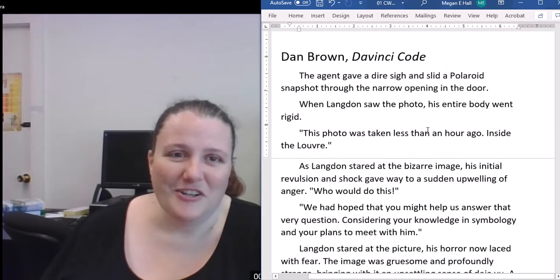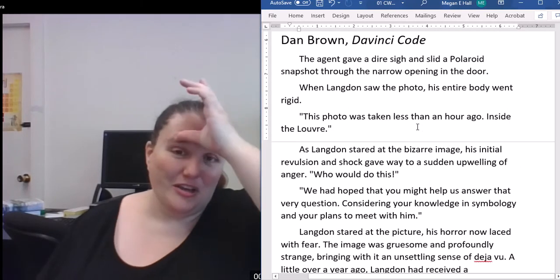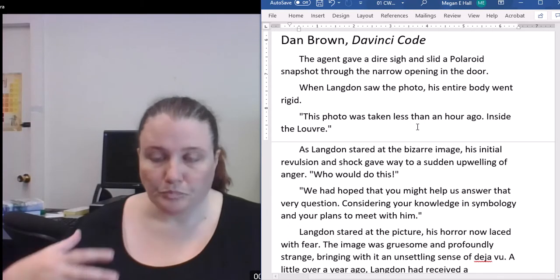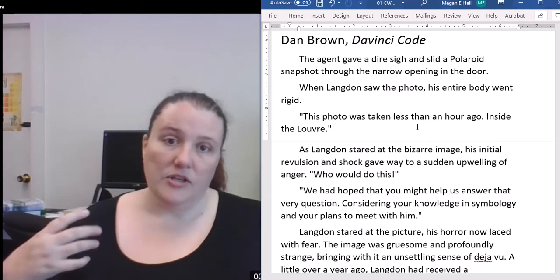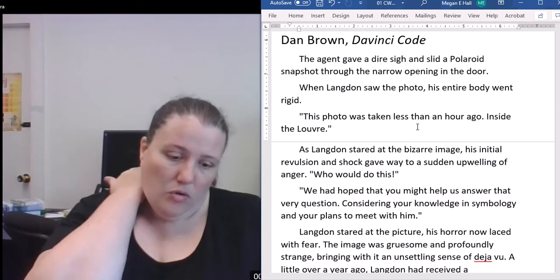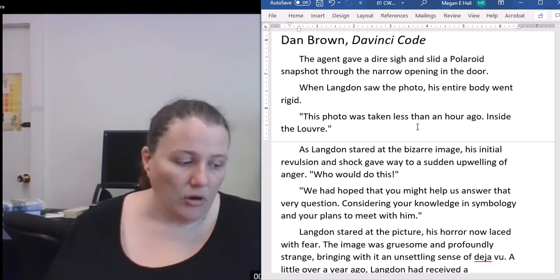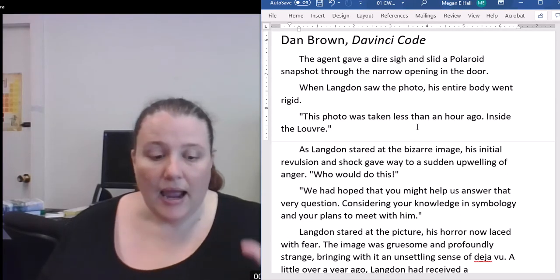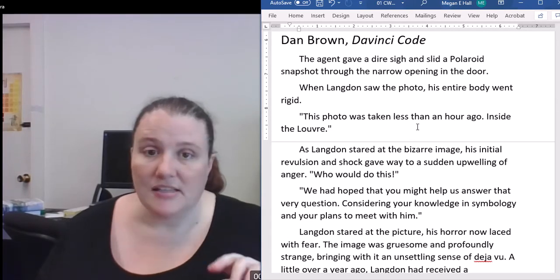Dan Brown, The Da Vinci Code. Another book that we could debate whether or not it's written well, but I want to show you some of the techniques that he employs here. So the Da Vinci Code is a thriller and moves along quite quickly. His style is to have a very fast pace.